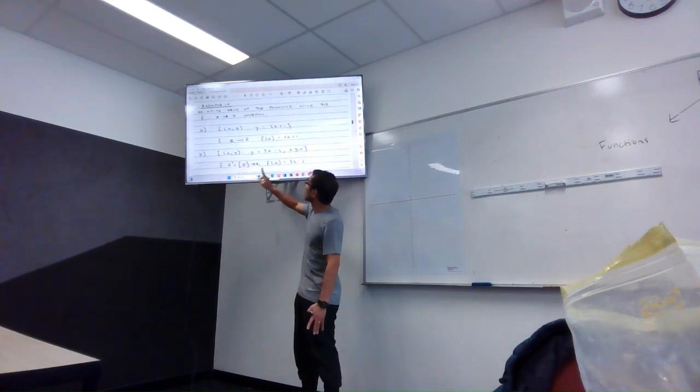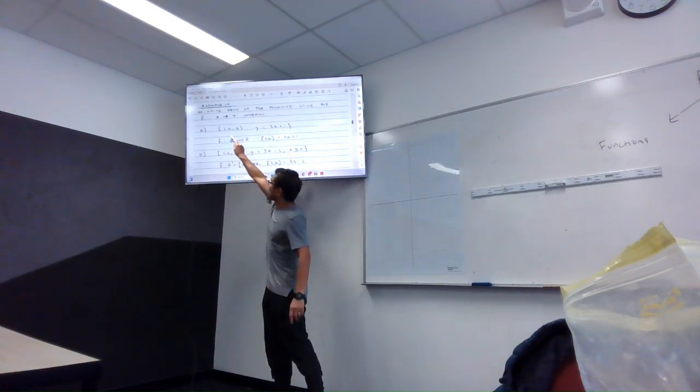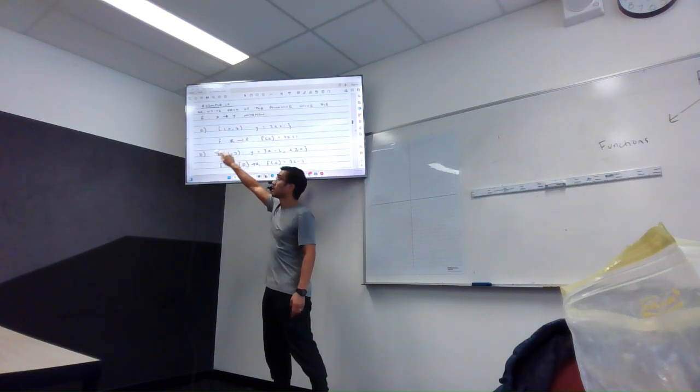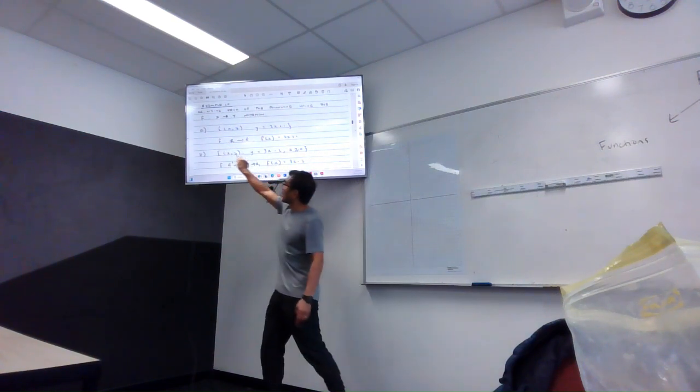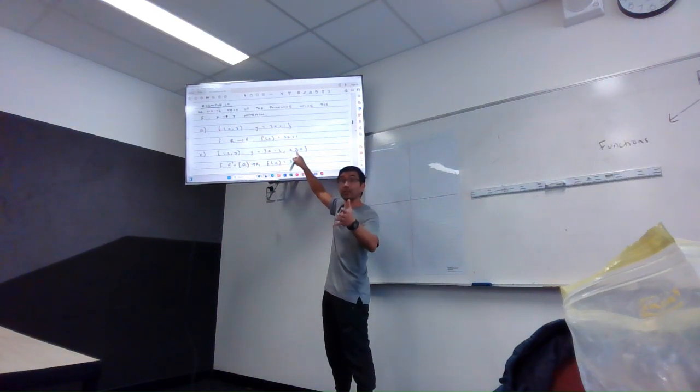Now notice that this first part, in any of your functions, the very first part is always the domain. In here, our domain is x is greater or equal to 0.